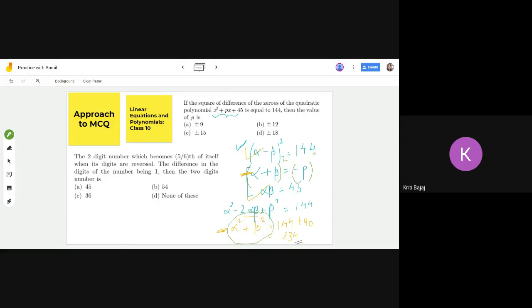If I square both the sides, the equation still remains. When you square both the sides, open up with an identity. We'll get alpha square plus beta square plus 2 alpha beta. And then we can again replace the value of alpha beta, and we get minus p whole square, which is p square.